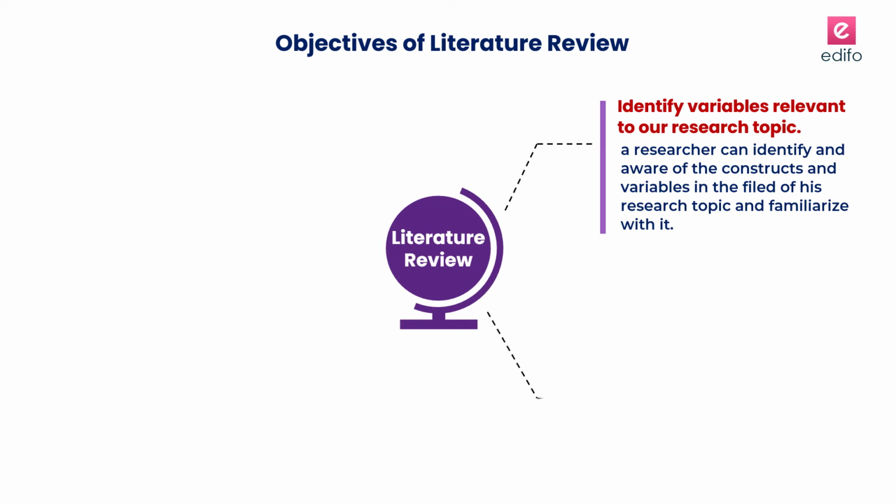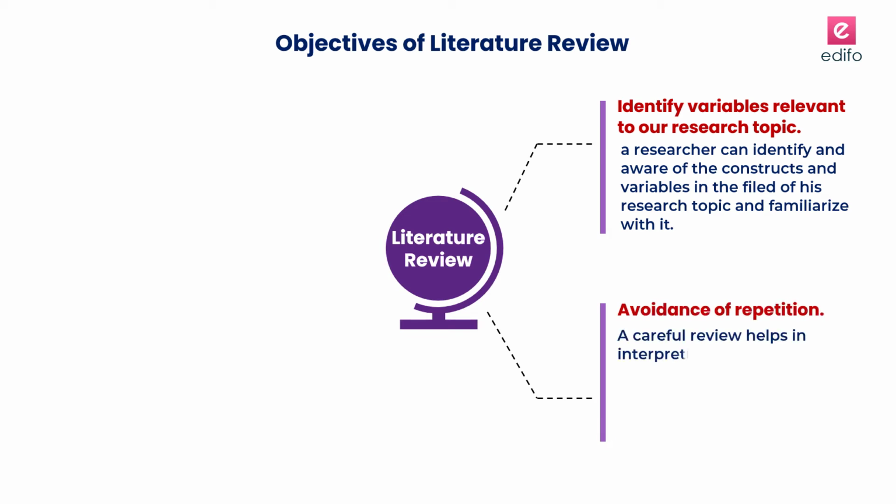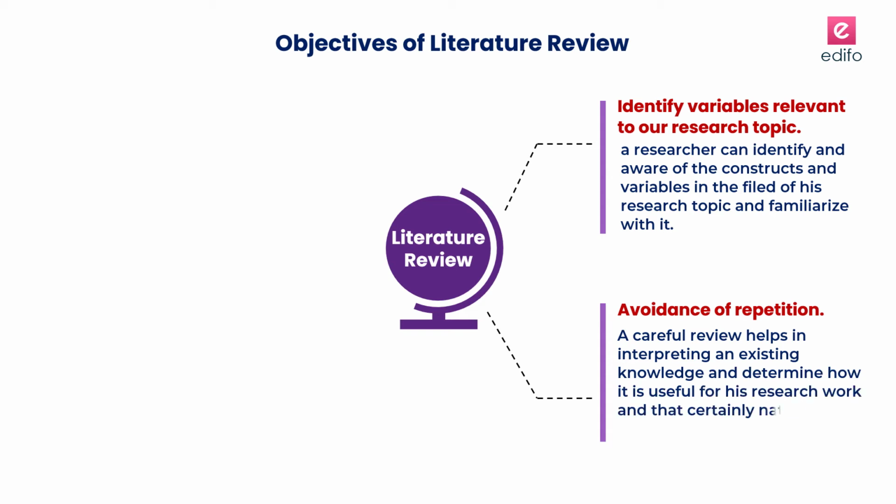The next objective is avoidance of repetition. A significant thing a researcher should keep in mind is the avoidance of duplication of work. It will impact the credibility and authenticity of the author. With an intensive literature review, this can be avoided at an early stage itself.